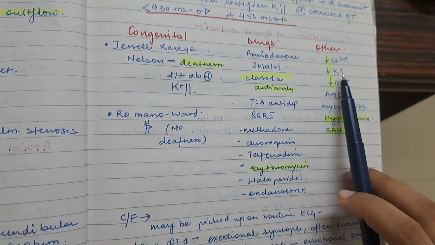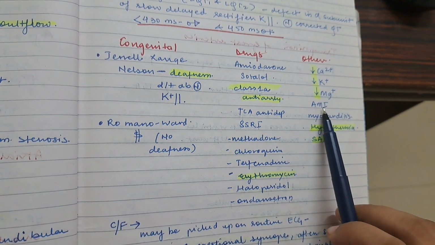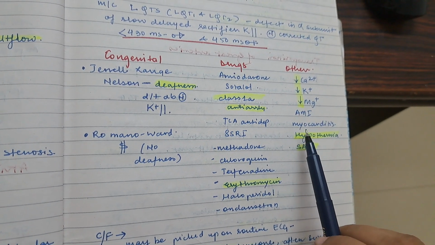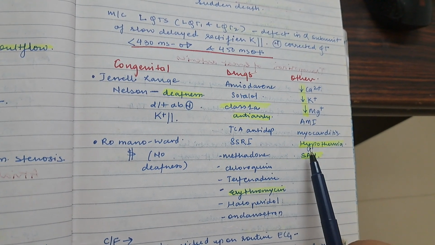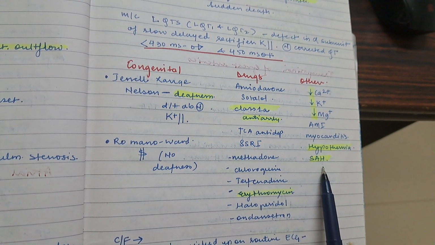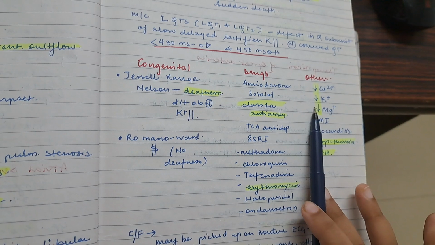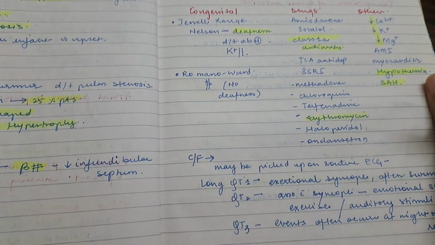Others are hypocalcemia, hypokalemia, hypomagnesemia. Then you have anterior myocardial infarction, myocarditis, hypothermia, subarachnoid hemorrhage. All these are causes of long QT syndrome, which are extremely important.